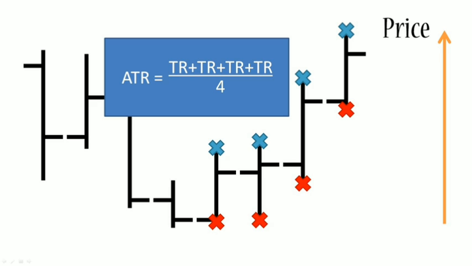So that tells you not only how volatile the market was in the current day, but also how volatile the market was over the past 4 days on average. Because if you take one day, you can have an anomaly or some news might have come out, but when you average it out, it tends to smooth out the effects, and therefore you see a representative picture of the market.